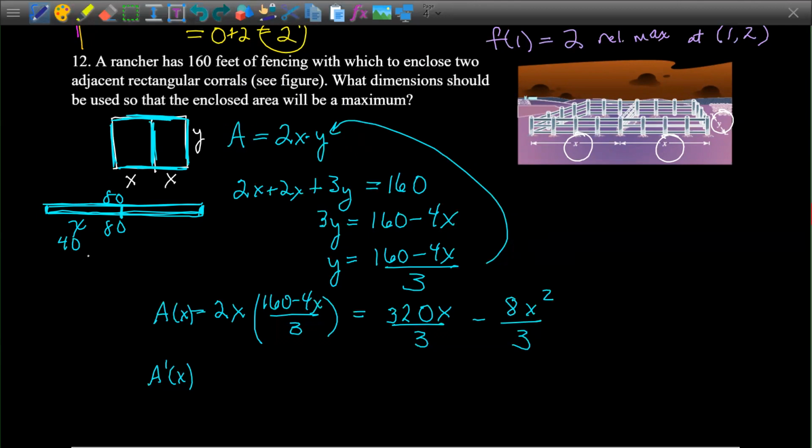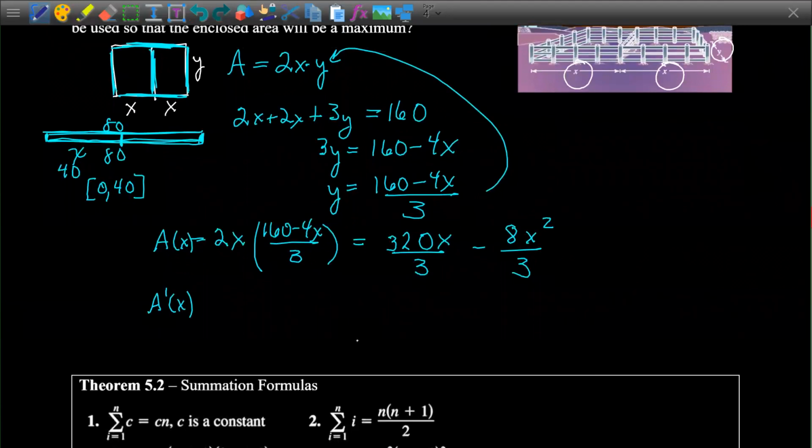So this gives us a domain to work with from 0 to 40. And if x were 0, that would mean that y is going to be 80. But we decided to set up A in terms of x. So the domain for x, a reasonable domain, is going to be 0 to 40.